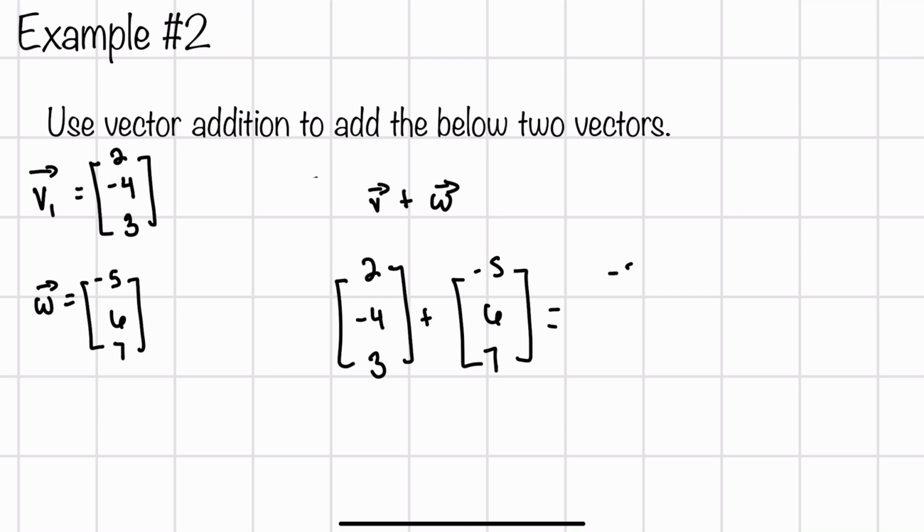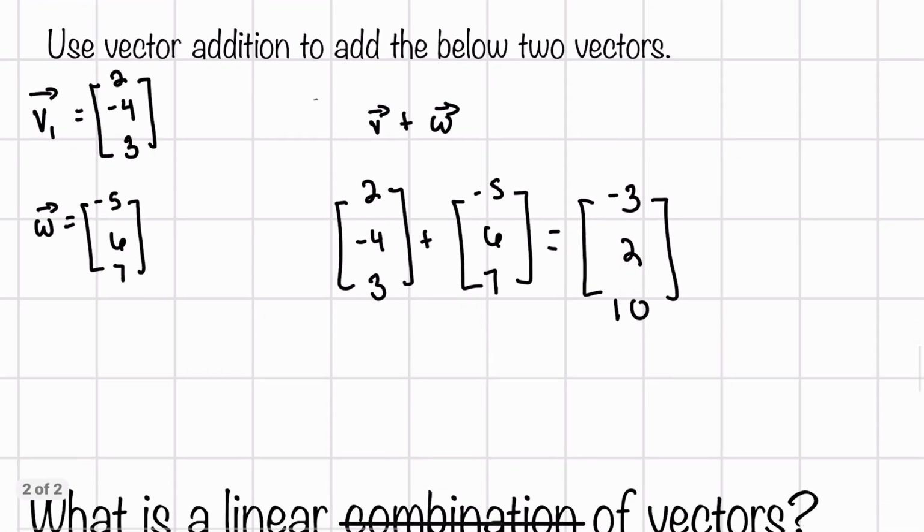We would get -3. -4 plus 6 is 2, and 3 plus 7 is 10. So the sum of vector v and w produces -3, 2, and 10.